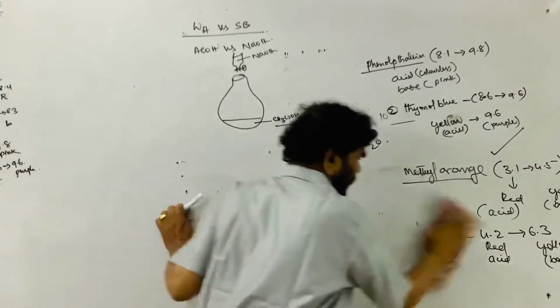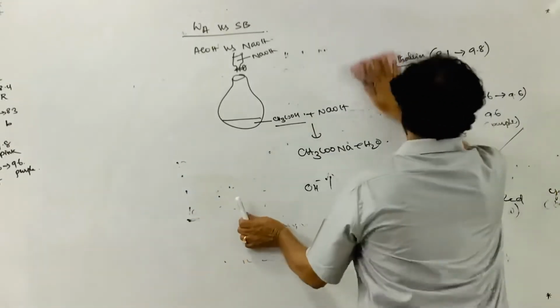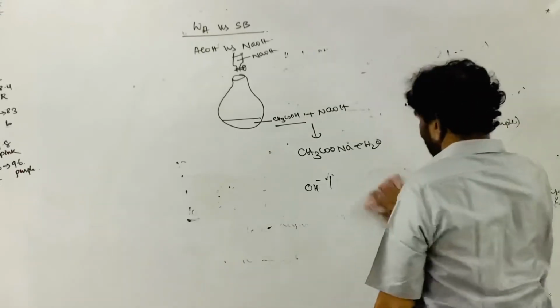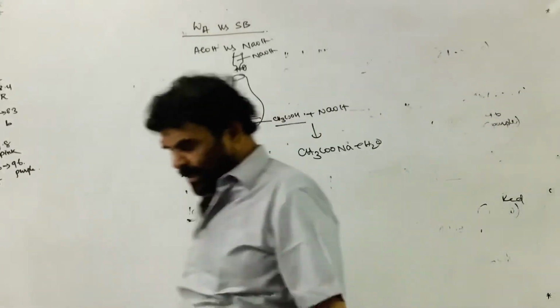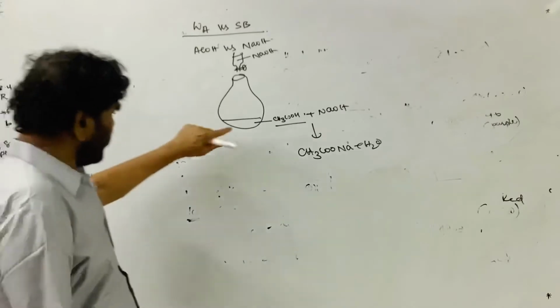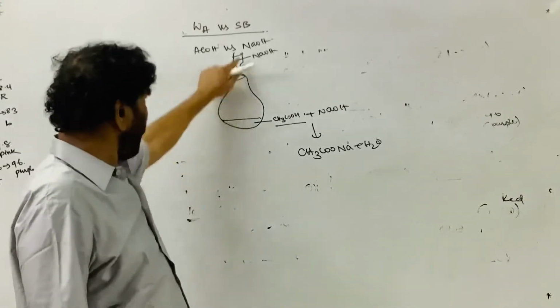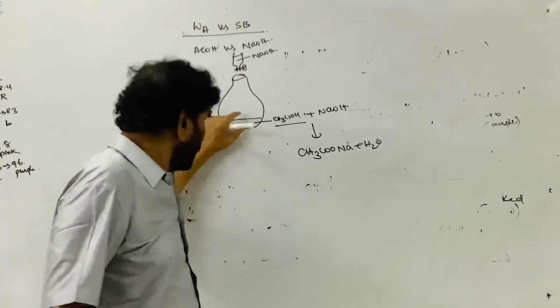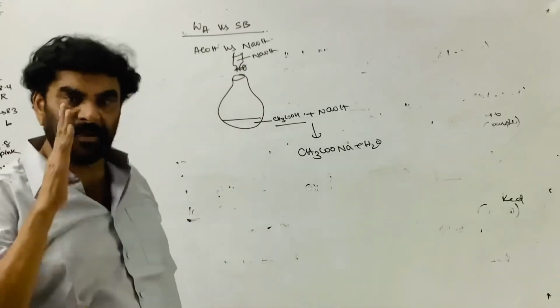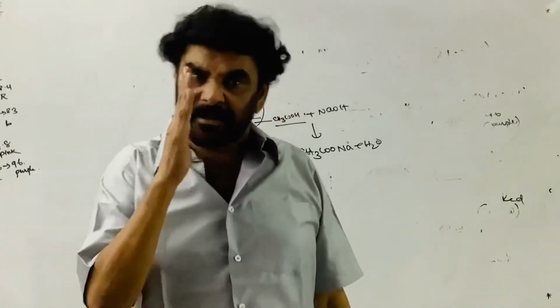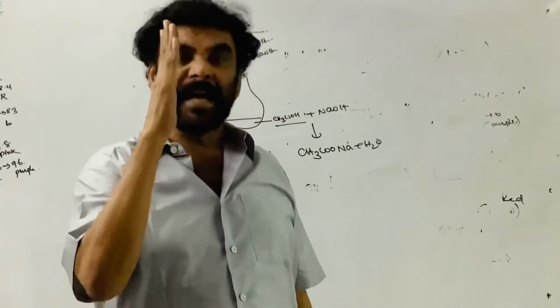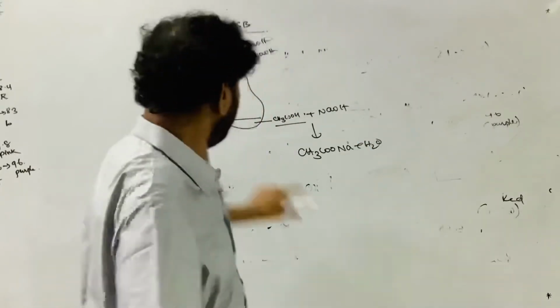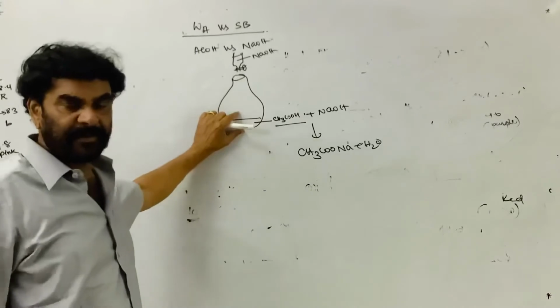Now during the titration, this is the acetic acid, a weak acid. On addition of sodium hydroxide, salt is forming, the salt of the weak acid. Now it becomes a mixture of the weak acid and the salt of the weak acid, which acts as an acid buffer. It is becoming a buffer system.